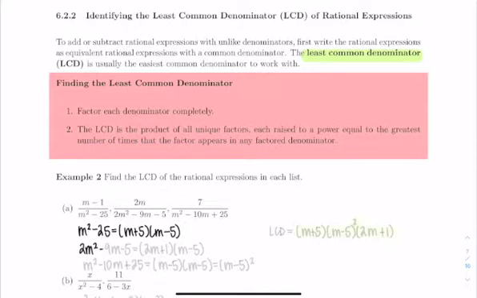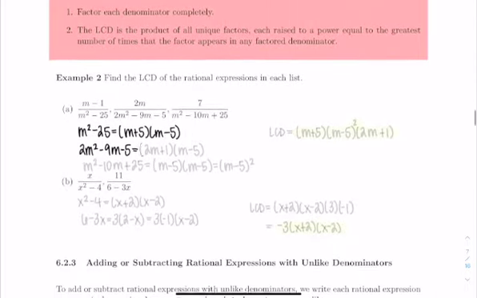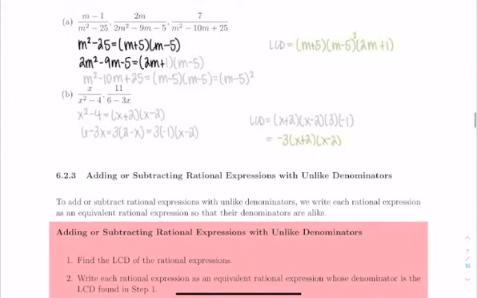Next, 2m squared minus 9m minus 5 can be factored as (2m plus 1)(m minus 5). And m squared minus 10m plus 25 can be factored as (m minus 5)(m minus 5). But that's just (m minus 5) squared.